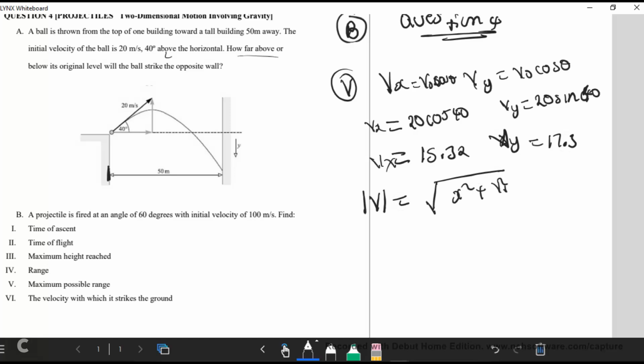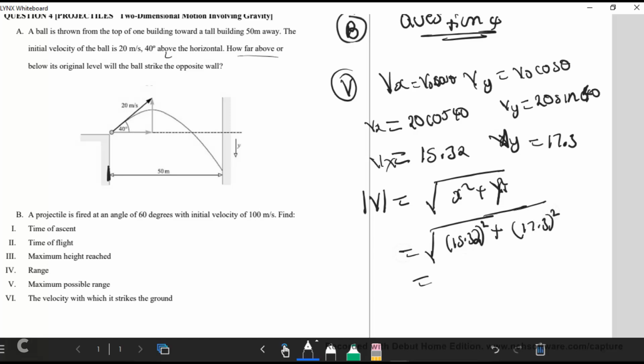Now from there you calculate the magnitude of the x-axis plus the y-axis. So the magnitude is 15.32 squared plus the other one, 17.32 squared.